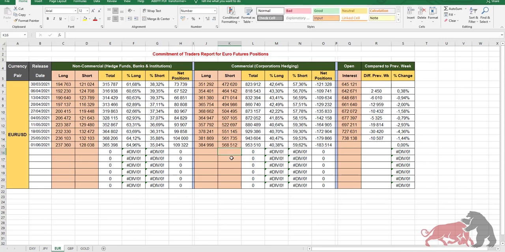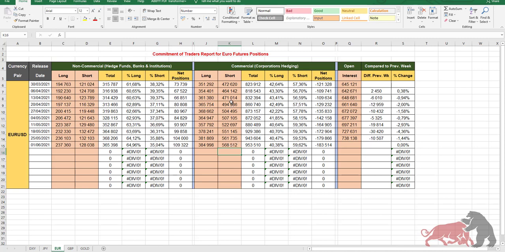Now for the first time, we have seen an increase for the first time in how many weeks? 1, 2, 3, 4, 5, 6, 7, 8 weeks. We have seen the commercials keep on increasing their short exposure.